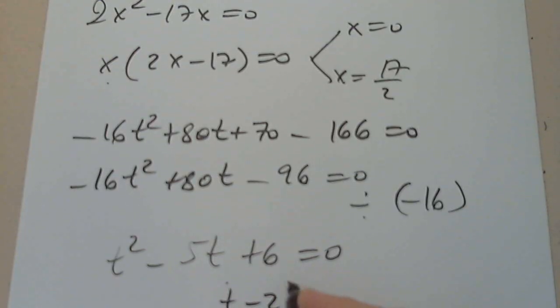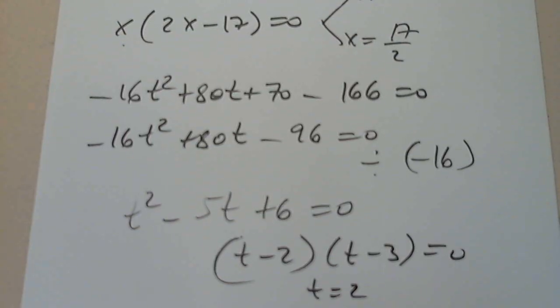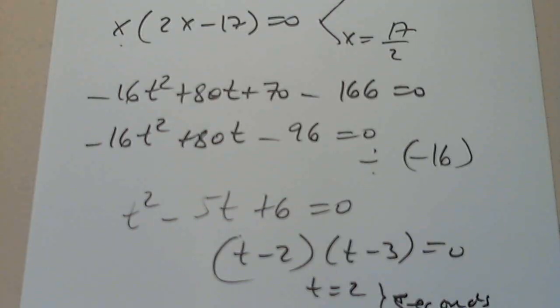Therefore, this is a piece of cake. And I get t equals 2 and t equals 3 seconds. This is what we've been doing. So always simplify. Simplify, factor, always go to the bare bones.